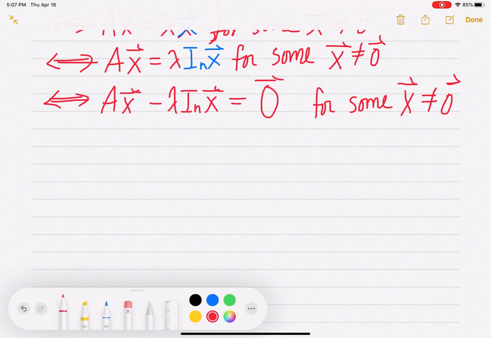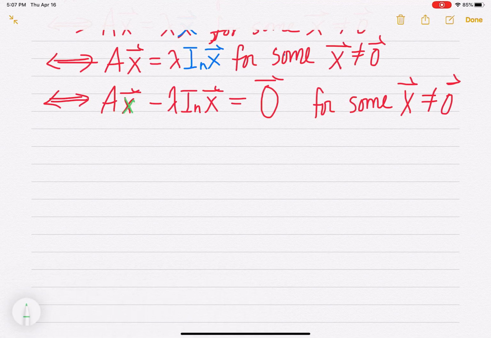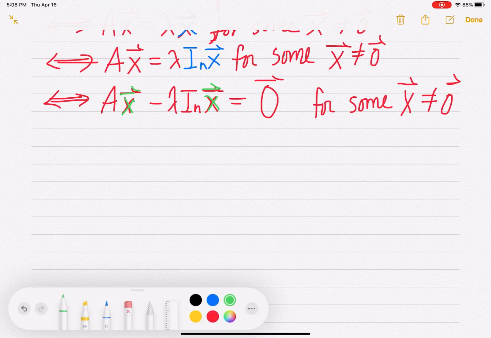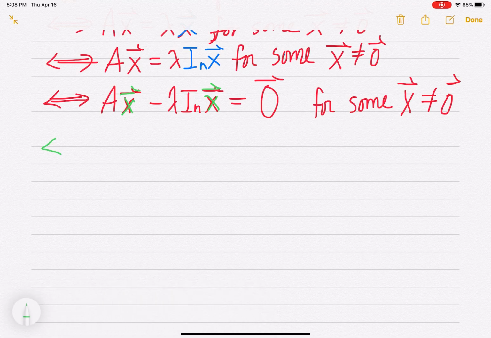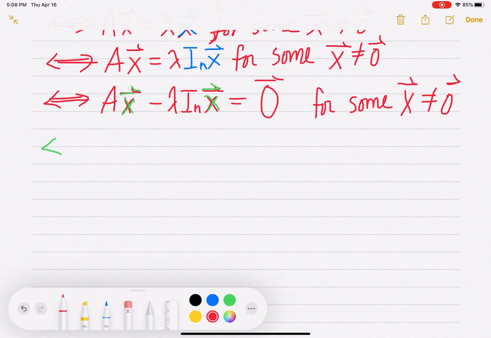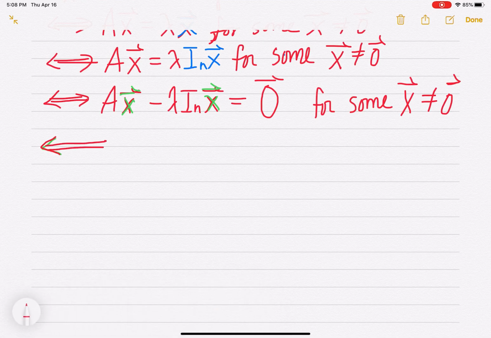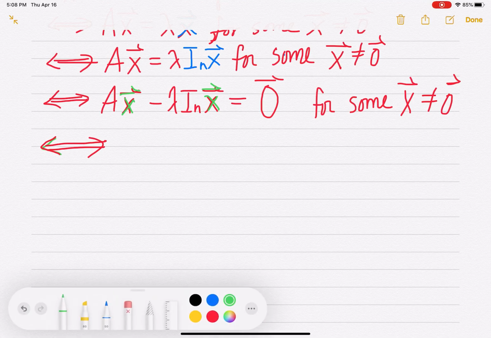Okay, so notice here we have an x on the right on each of these terms, so to speak. I have Ax and minus lambda I times x. So we have a property, a distributive property essentially, for matrix vector multiplication, where we can essentially factor out the x on the right.